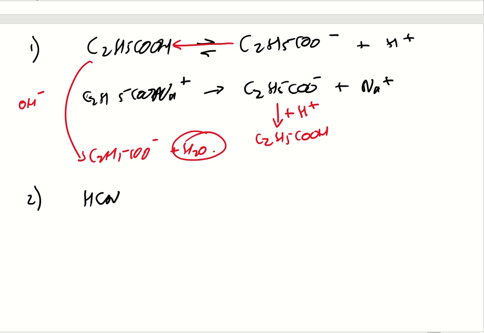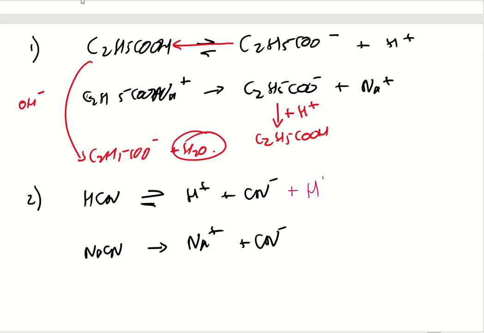Let's have a look at the next one, HCN. The HCN here is my weak acid. I will get that. And my salt of the weak acid is sodium cyanide. I will get that. If I add H plus ions to it, that pushes that equilibrium back to the HCN. And if I add OH minus ions to it, I should say I can also use this.